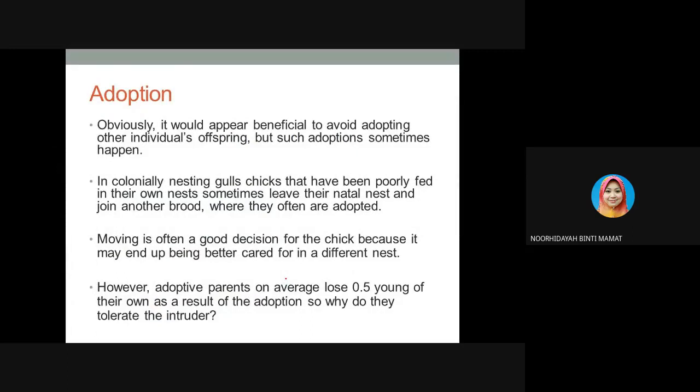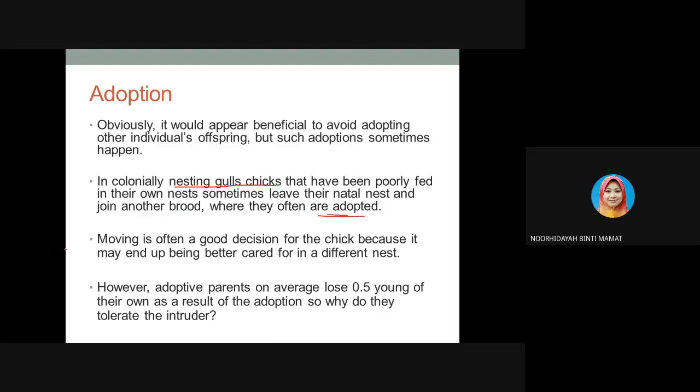So obviously, it would appear beneficial to avoid adopting other individuals' offspring, but such adoptions sometimes happen. So in colonially nesting gulls, chicks that have been fully fed in their own nest sometimes leave their natal nest and join another brood, where they often are adopted.